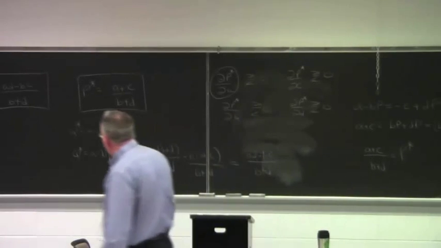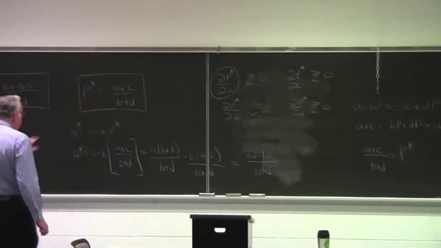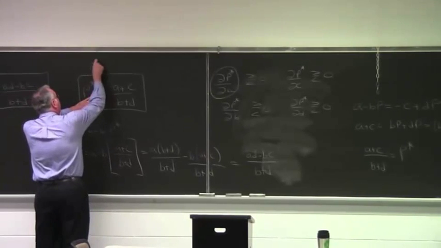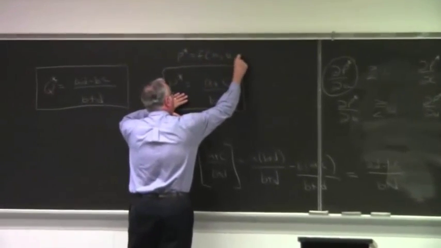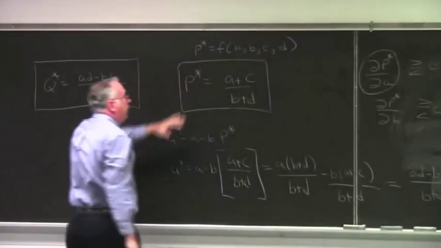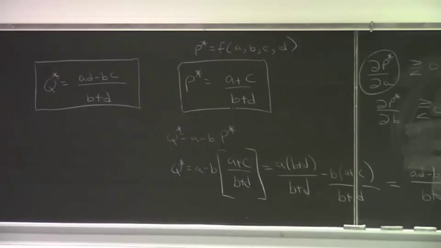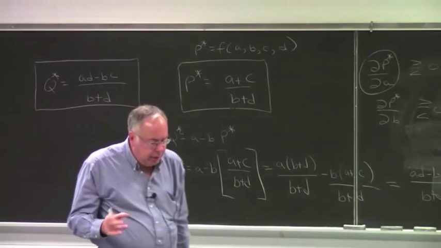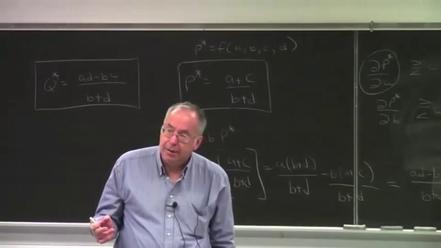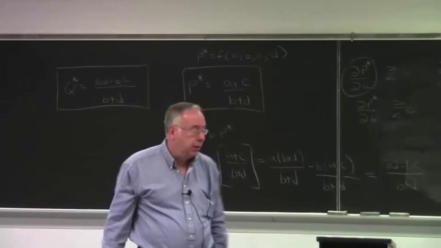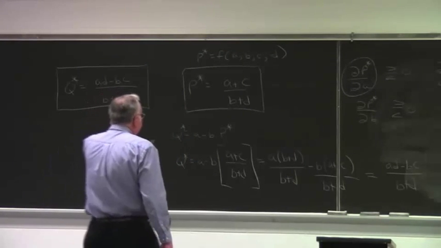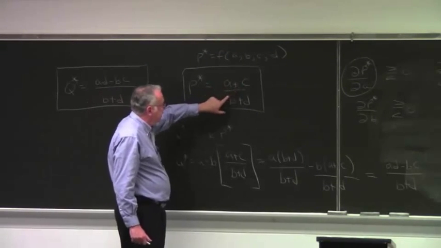Think of p star as being a function of these 4 parameters. So now things have changed. I mean, a, b, c, and d are really now thought to be variables, even though they're parameters. You're treating them mathematically as if they're variables. So the function is this very simple function here, a plus c over b plus d.